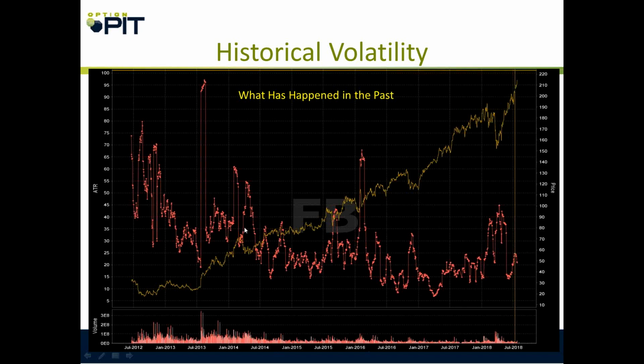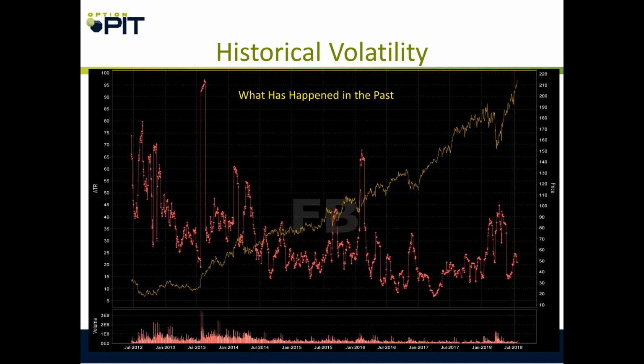This red line is one measure of HVOL, historical volatility, and that is ATR, average true range. You can use average true range, you can use close to close, intraday, overnight volatility. I like ATR a lot.